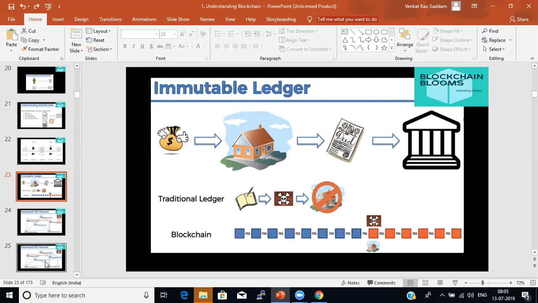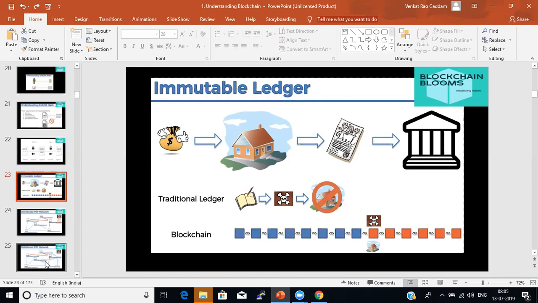But before being caught or before the audit, some damage will have happened, right? In the PNB case, it happened. About 9,000 to 10,000 crores they lost. If blockchain was placed in their banking system, that type of scam would definitely not be possible.